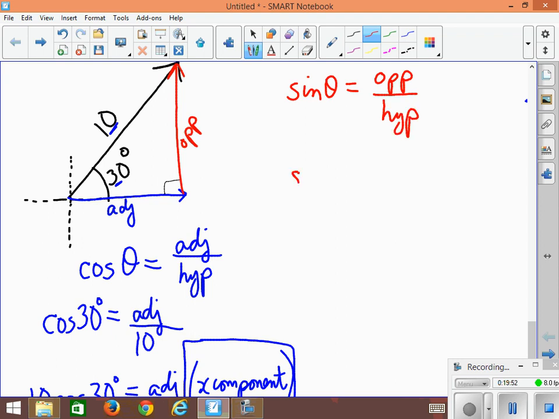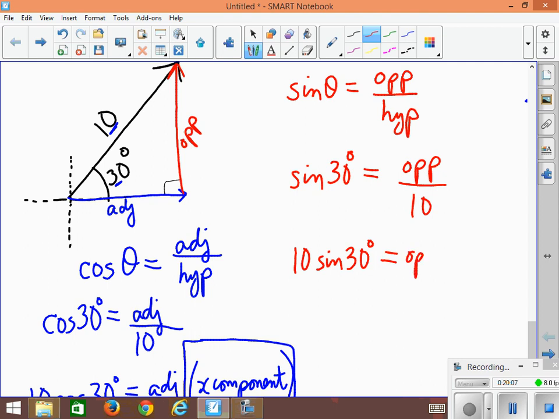In this case, the sine of 30 degrees is equal to the opposite side divided by 10. And so 10 sine 30 is equal to the opposite side, which happens to be my y component that I'm looking for. So I found a way to figure out the opposite side, or the y component, by taking the hypotenuse and multiplying it by the sine of the angle.